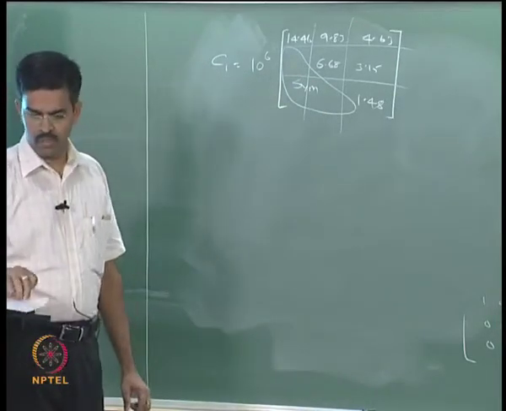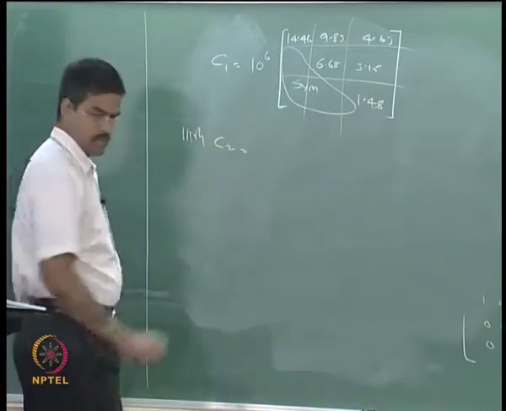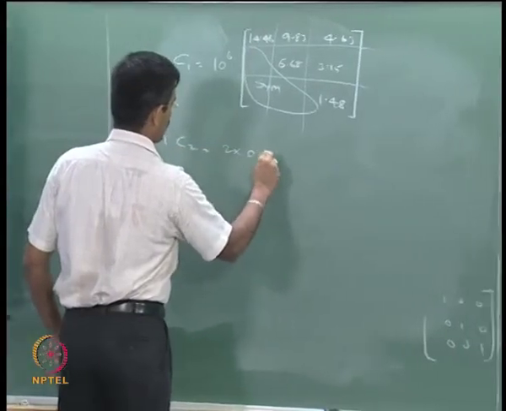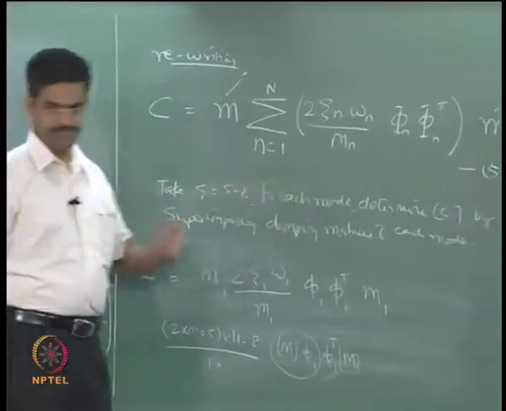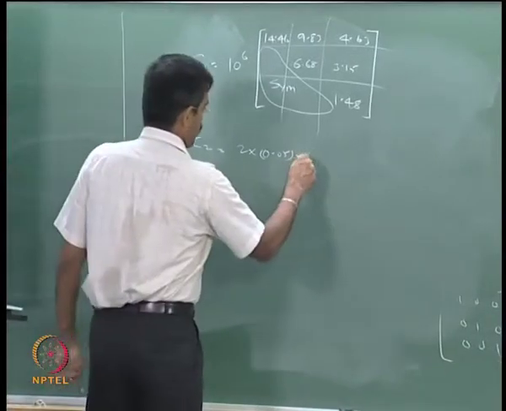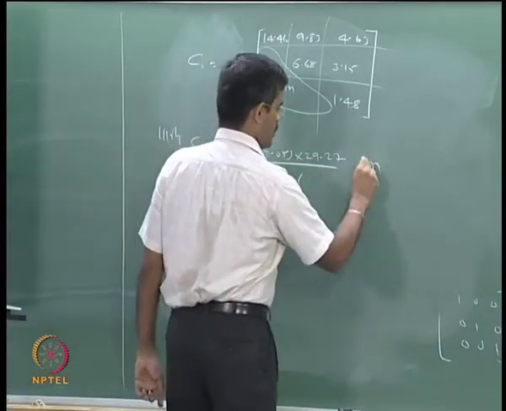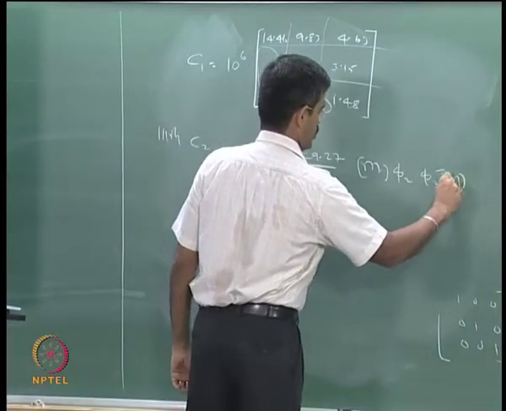So now I want to get C2. Similarly, C2, substitute back here. So 2 into 0.05, that is what I am going to use. I should use 5% in each mode, that is my assumption given here, into 29.27, that is my omega 2, of m phi, transpose m.